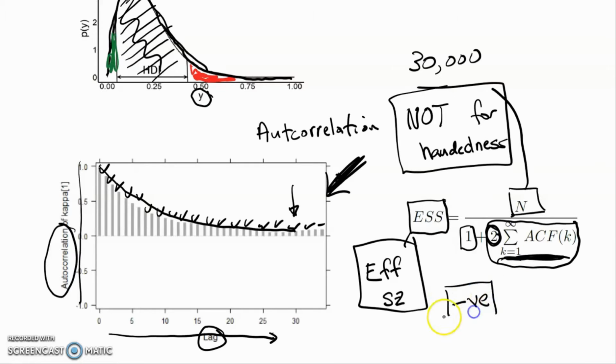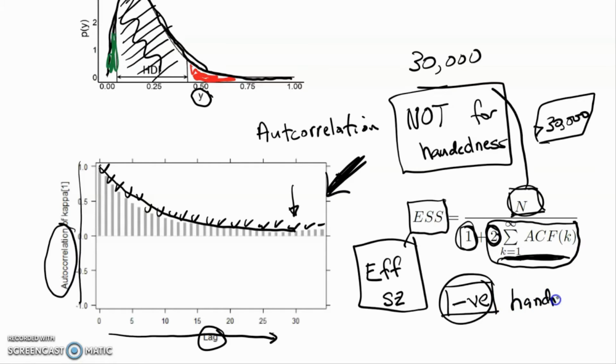And if the autocorrelation factor is actually negative, then once you take 1 and subtract a small negative number from it, this number here can actually be greater than 30,000. That's kind of an anomalous situation, unique to a very simple study, the handedness study, and not something that you're likely ever to see in practice.